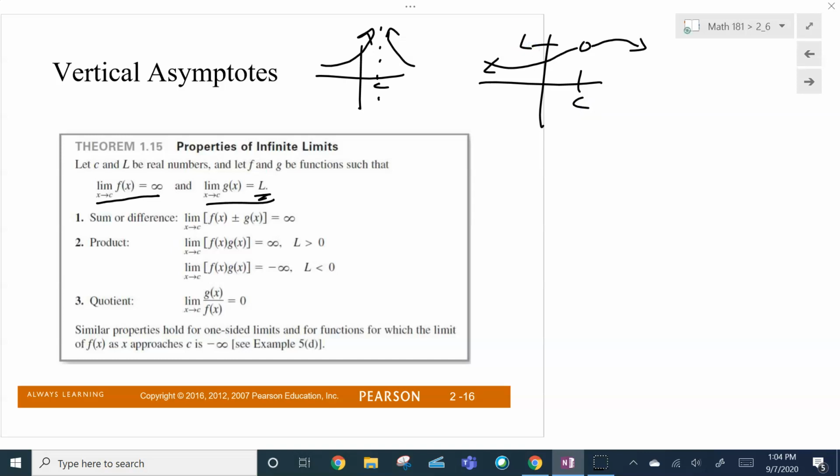So if you're taking a sum of two, where this limit is infinity, if you will, this one's L, then this is kind of like thinking about infinity plus or minus L, and that makes no difference. You're just left with your infinity, okay? So if you're multiplying infinity times a constant, okay, if your L is negative, then it would change that. It'd be infinity times a negative constant. So the product limit would shoot you to negative infinity if you were to analyze that.